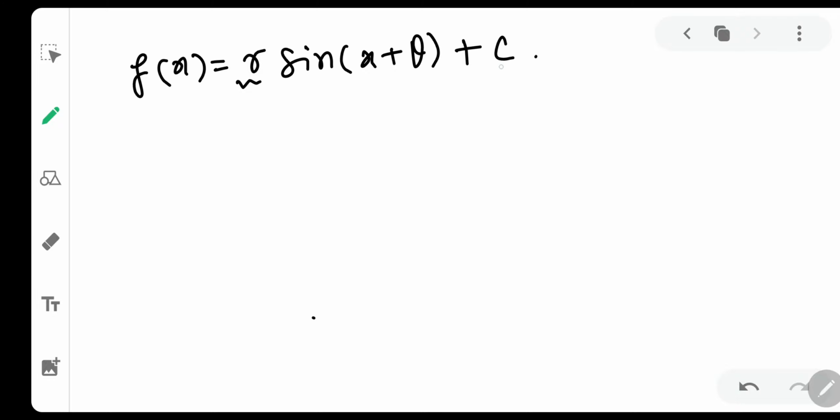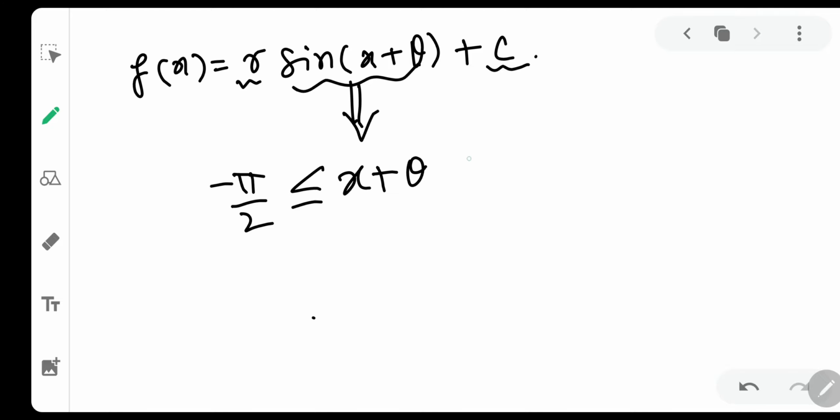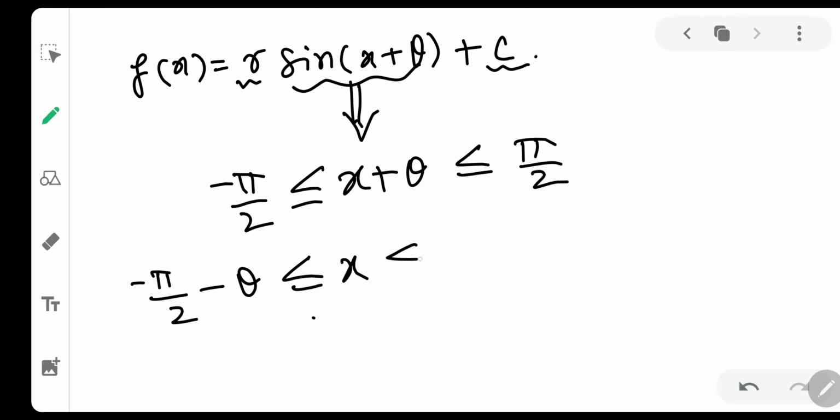Now r is a normal constant, c is a normal constant, sine, this has to be a 1-to-1 function. For that, x plus theta has to lie between minus pi by 2 to pi by 2. Therefore minus pi by 2 minus theta has to lie between x and pi by 2 minus theta.